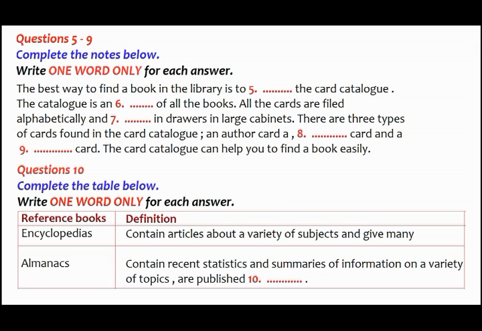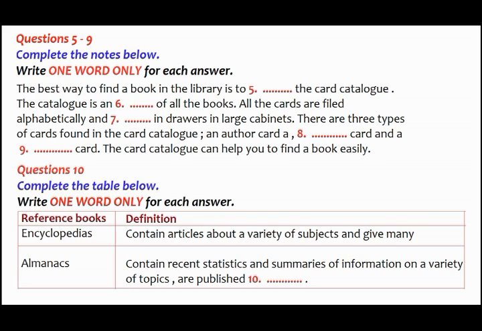The card catalogue can help you locate a particular book, a book on a certain subject, or a book by a particular author. In the card catalogue, each book has 3 cards, an author card, a title card and a subject card. The author card is alphabetized under the author's name. The title card is filed alphabetically according to the title of the book.